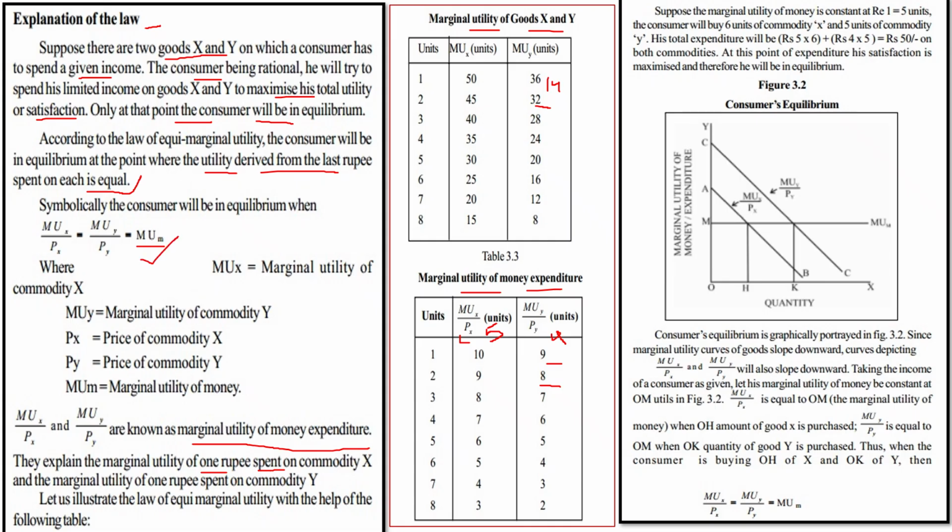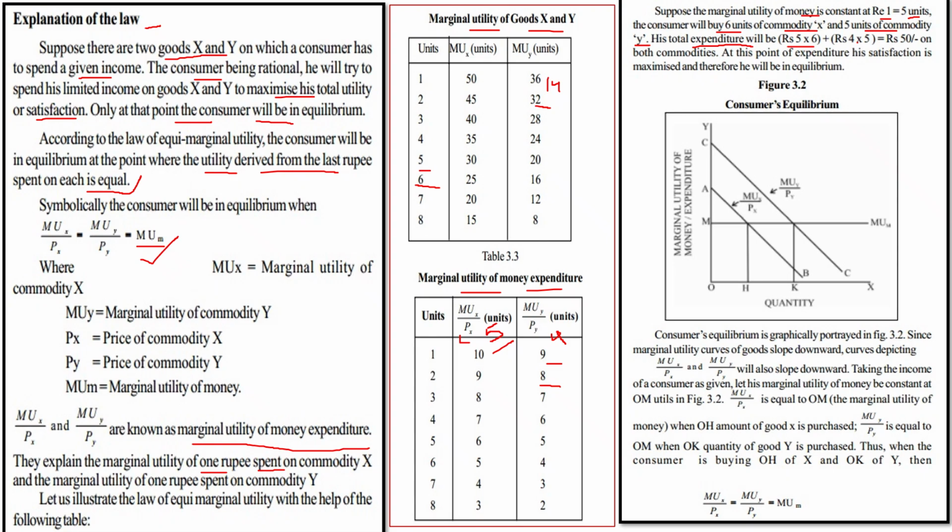Suppose money is constant, and the consumer will buy 6 units of commodity X and 5 units of commodity Y. His total expenditure is price 5 into 6 units, that is 30, plus price 4 into 5 units.